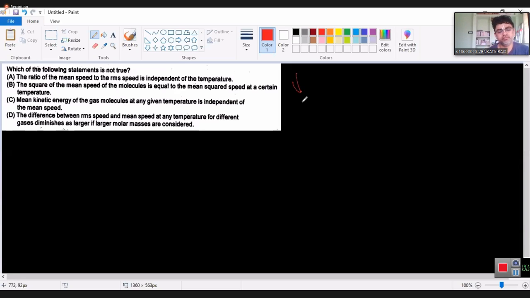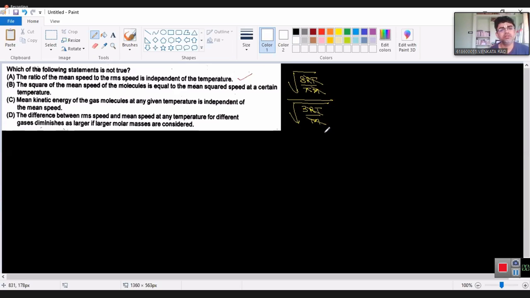Mean speed is under root 8RT by pi M. RMS speed is under root 3RT by M. As RT by M cancels, it is independent of temperature, correct? So option A is right.